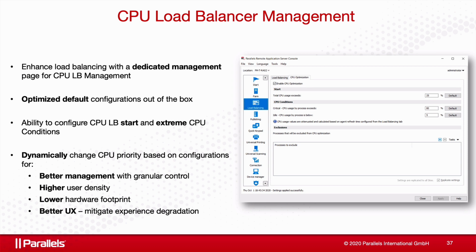Now, from a CPU load balancer perspective, we are introducing as well a dedicated management page for our CPU load balancer management. And actually, there are a few things here we have done. First and foremost, we start monitoring different thresholds, like 20%, 25% here in the example, critical and idle.